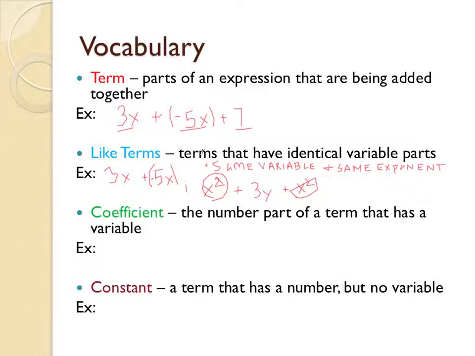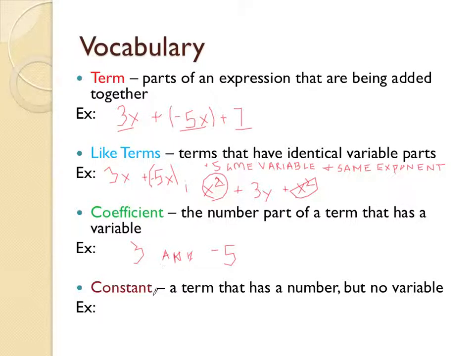Our coefficients in that example are going to be 3 and negative 5. It is the number part of the term that has a variable. So these are the terms that have the variable, and the number part is the coefficient.